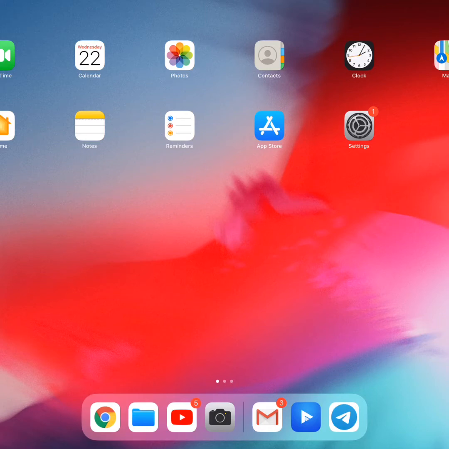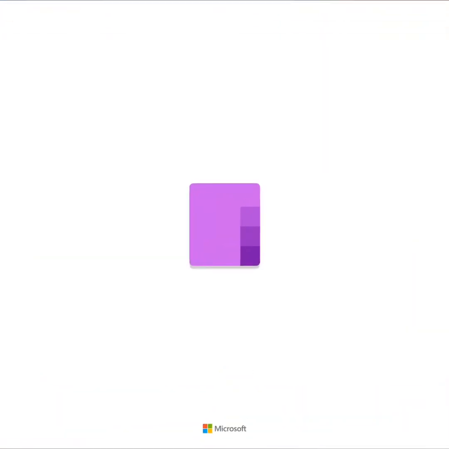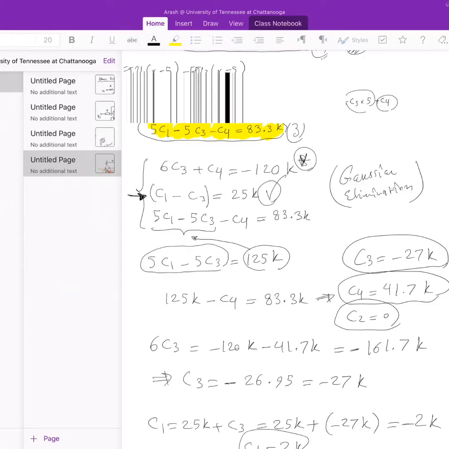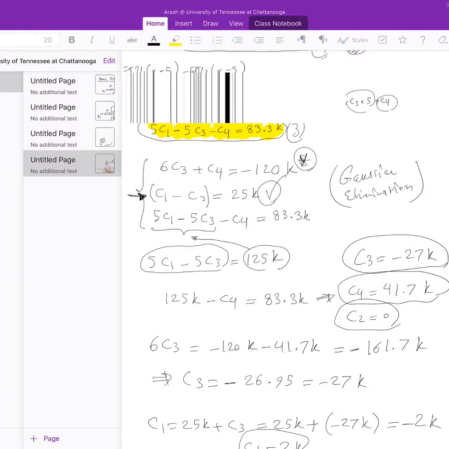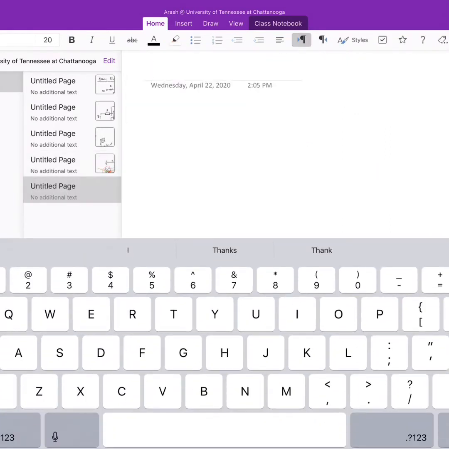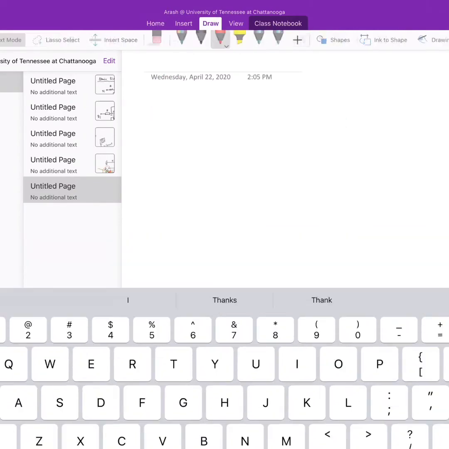So let's go ahead and create a note here, if I can access my notes. Alright, I'm gonna add one page here, so let me say draw.